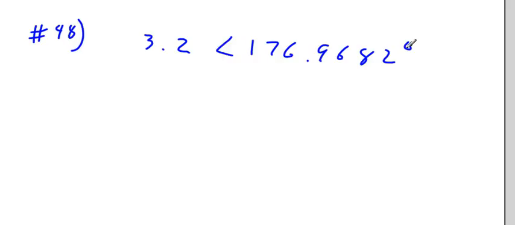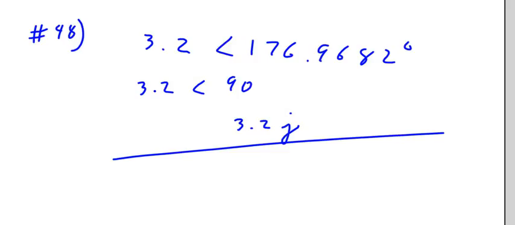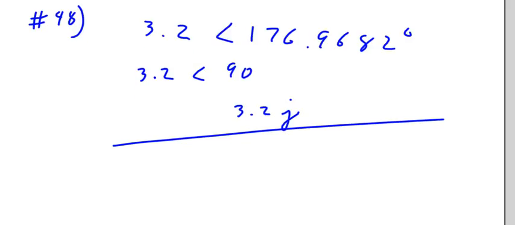Insert a parentheses. All right, there we go. Oh, that's much better. Now I have 3.2 angle 90. And I want the answer to be in rectangular form, so it would be 3.2J.